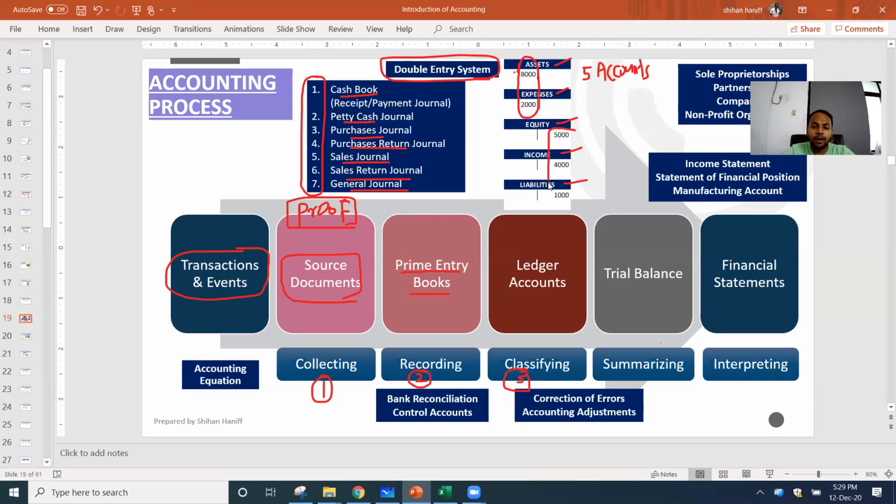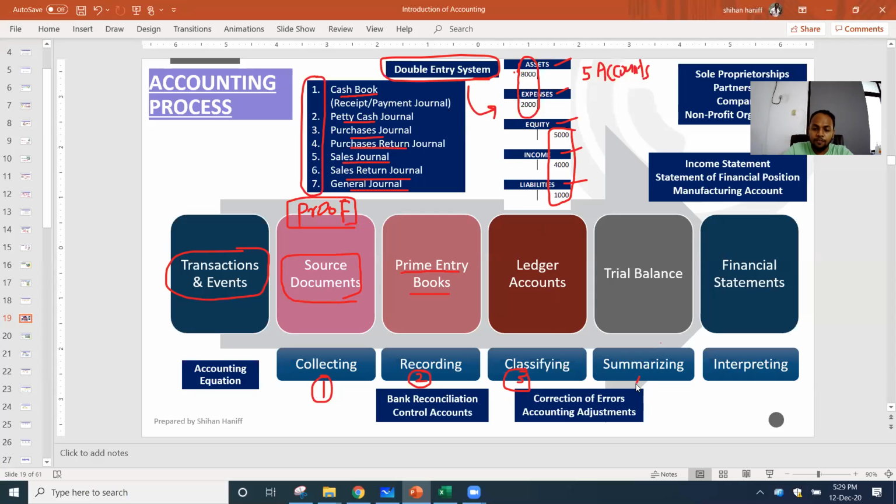Equity, income, and liabilities will have a credit balance. Increase in asset and expense: debit; decrease: credit. Equity, income, liabilities: increase is credit, decrease is debit. So using the double entry system, we record the transactions, we post the transactions into the ledger accounts.